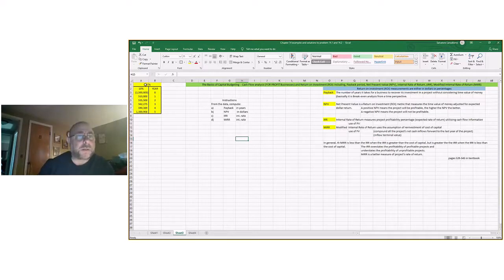Okay, so what we want to do first is calculate payback. One way you can do it is just use common sense. I mean, we spent $2.5 million initially. How long will it take to get that $2.5 million back? All right, so in the first year we bring in 510,000 exactly.